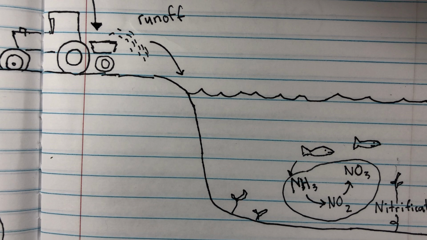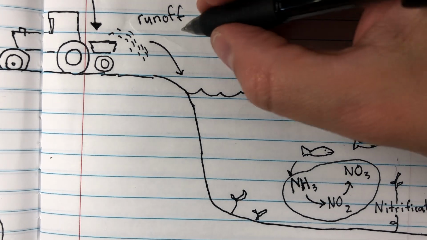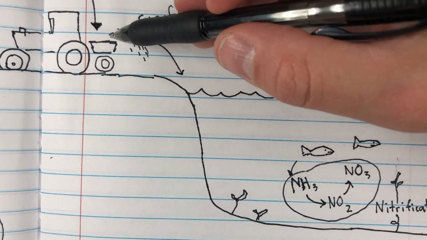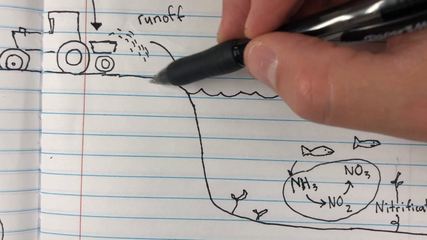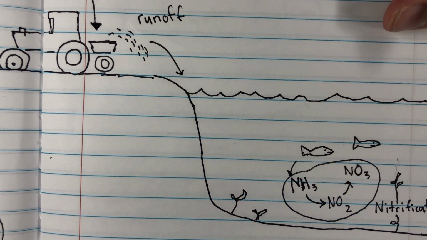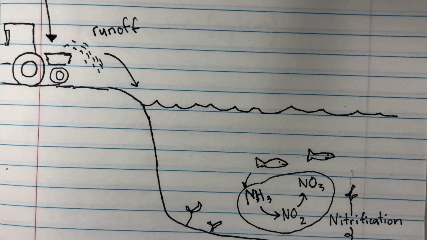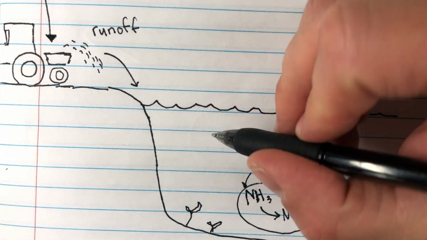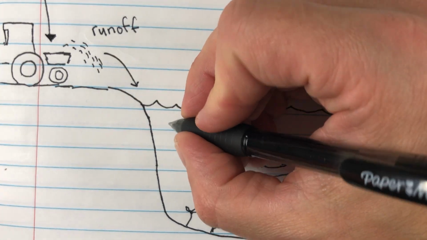And runoff is when we have a bunch of chemicals or sediment that ends up in our aquatic ecosystem, okay? And because runoff occurs, we can get an overabundance of nutrients, okay?